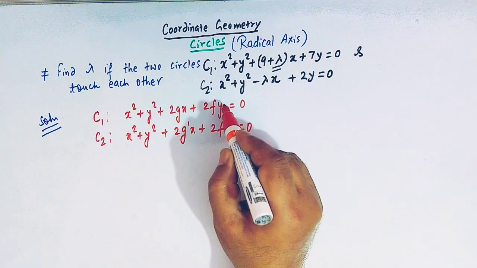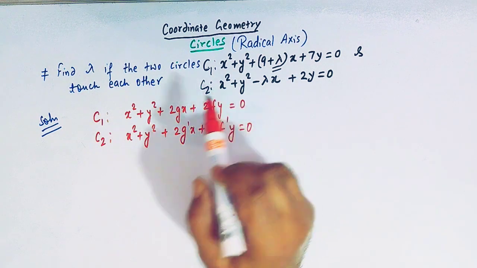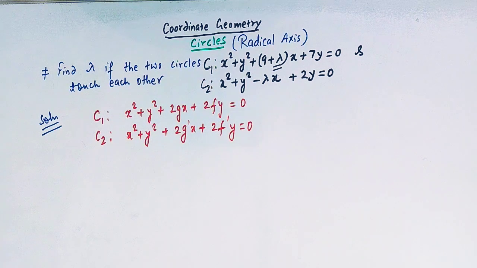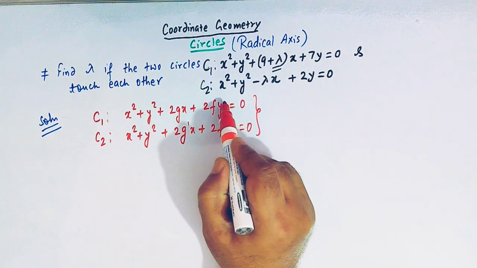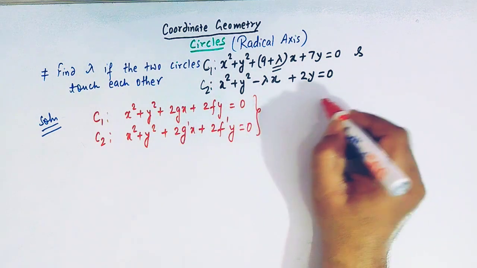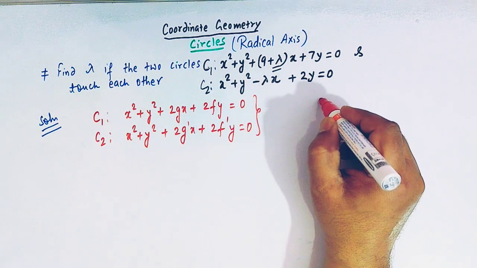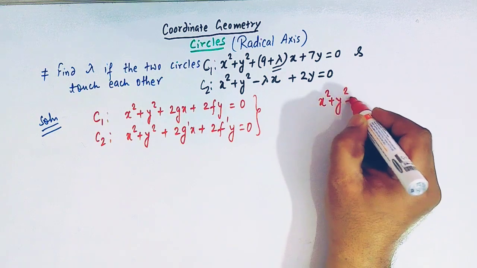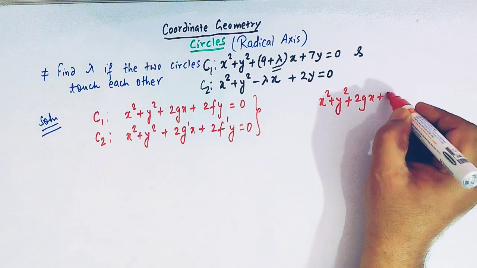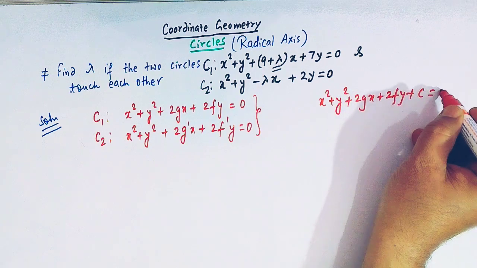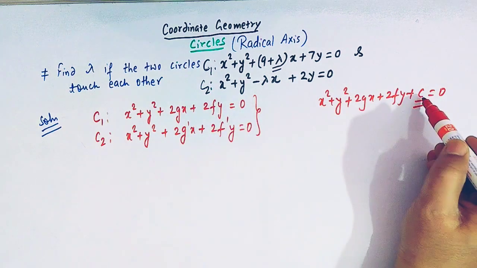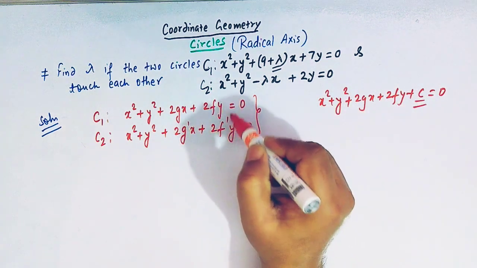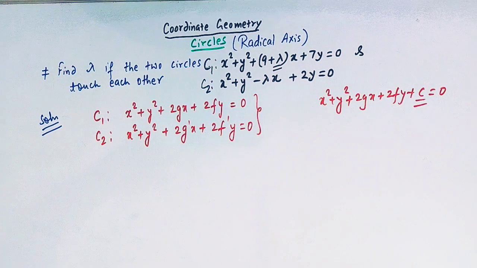So here we are not considering the constant term appearing in the equation of the circle. Here we are considering two circles in which we do not have the constant term, right? Because the general equation of the circle can be written as x square plus y square plus 2gx plus 2fy plus c is equal to 0, right? So in this case, we do not have this constant term c in these two circles, right?